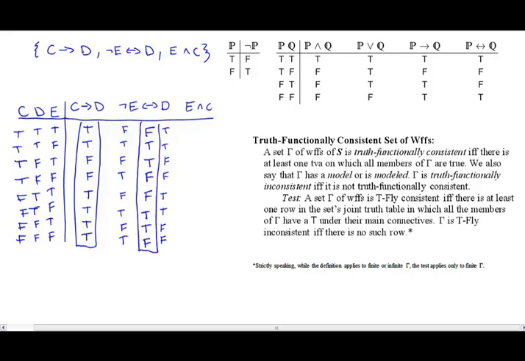So we've got two of our columns done. Now if we look at the E column and the C column, working with conjunction here, it's only going to be true when they're both true. They're both true in the first row, but then E is false. They're both true in the third row, but then E is false. And then C is false the rest of the way down, which is going to make the whole conjunction false.